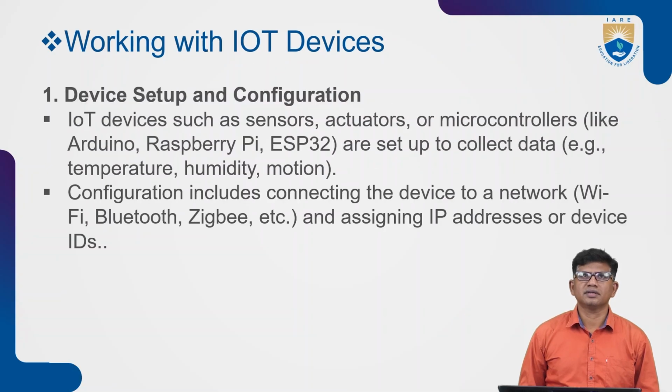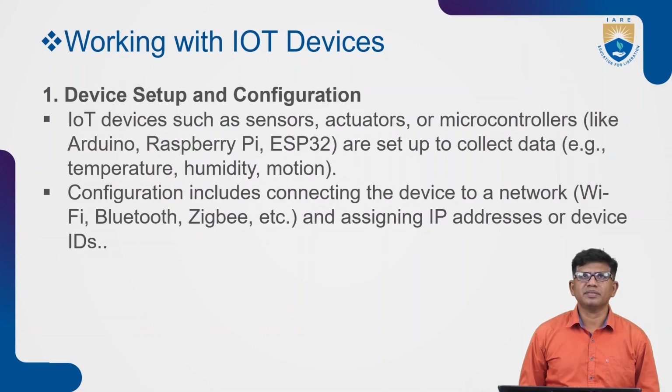The first one is device setup and configuration. In IoT, devices such as sensors, actuators, and microcontrollers are set up to collect data. This is the process in the case of IoT setup.